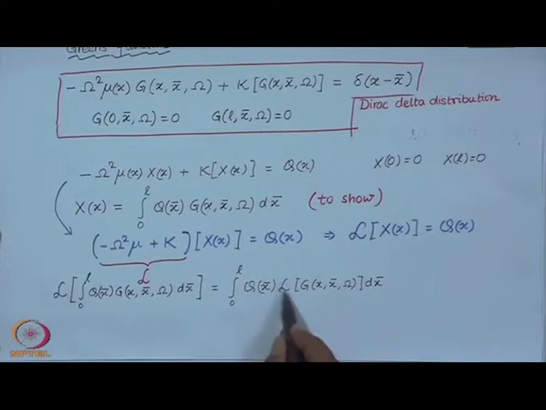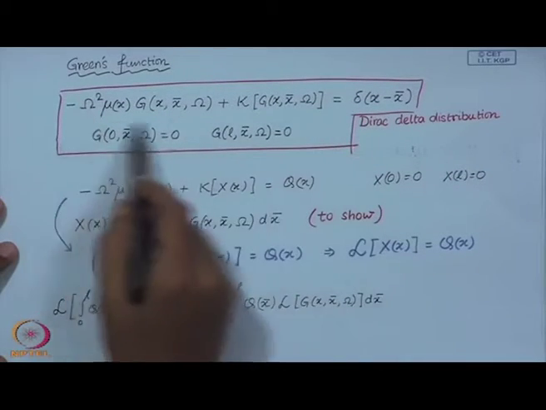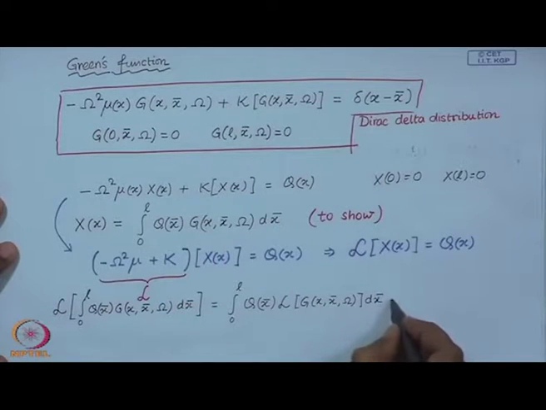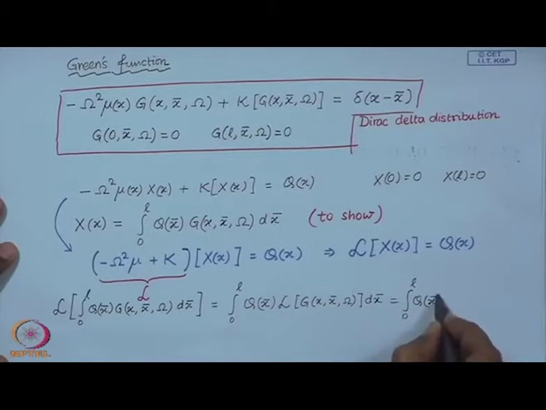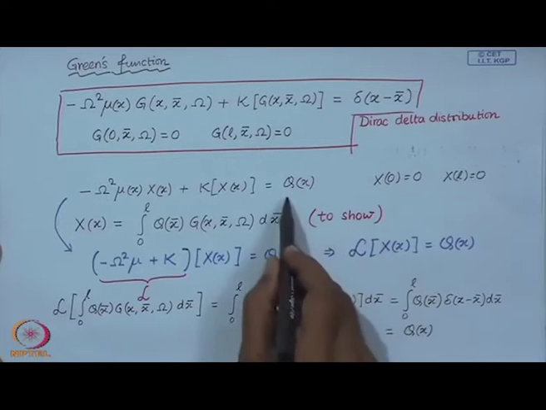Now, L acting on g is what we already know. So, this is nothing but L acting on g. Therefore, this integral actually reduces to delta of x minus x bar integrated over x bar, and that is nothing but q of x, which is the right hand side.